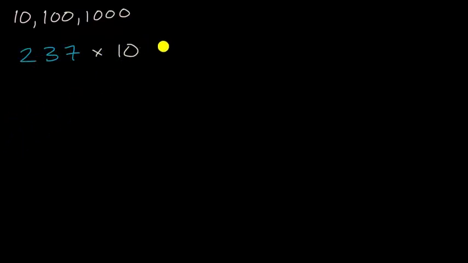All right, well, one way to think about it is this is 237 tens. So if I put my place values here, this is the thousands place, this is the hundreds place. I'm just not writing it out in words to save space. Sometimes you'll see it written out as the word thousands and hundreds. This is the tens place, and then this is the ones place.